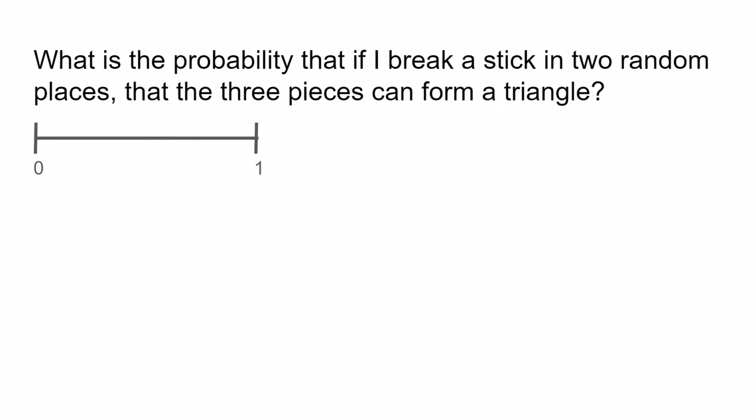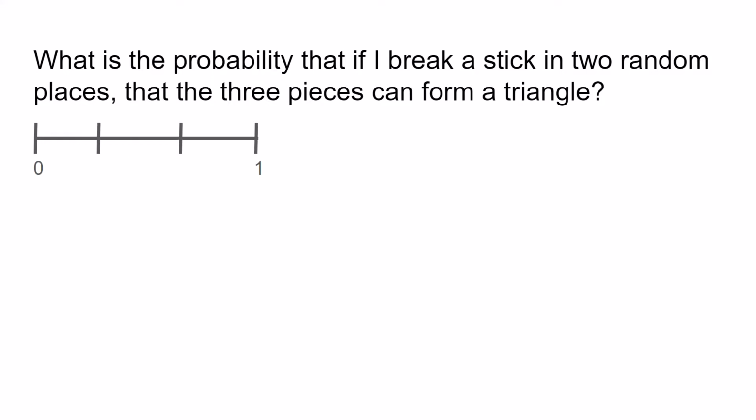So, what we have here is the stick, and any of these points, anything on here can be a broken piece. And we are assuming that the stick has length 1 in some type of units.